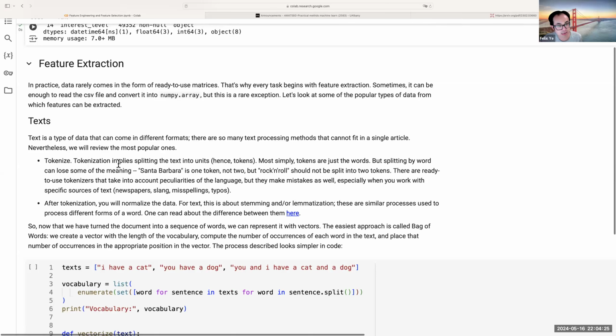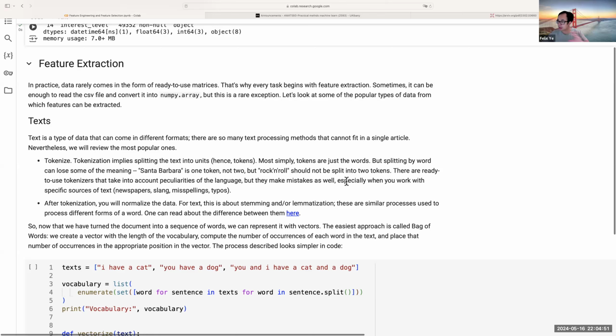One step is tokenization, where you split the text into words, which in some sense are the tokens here. But sometimes we cannot split the words completely. For example, Santa Barbara is considered to be 1 token, not 2, and rock and roll should not be split into 2 tokens.